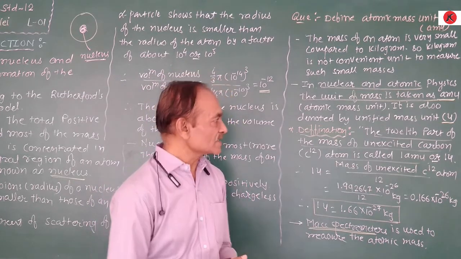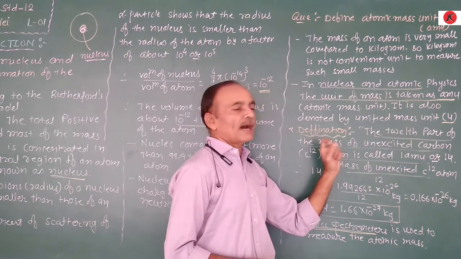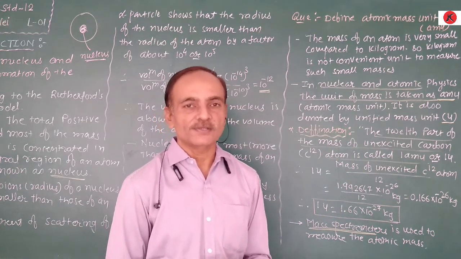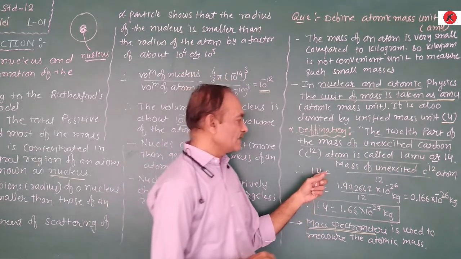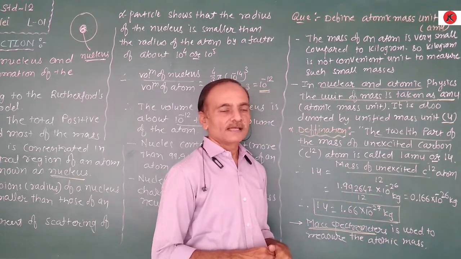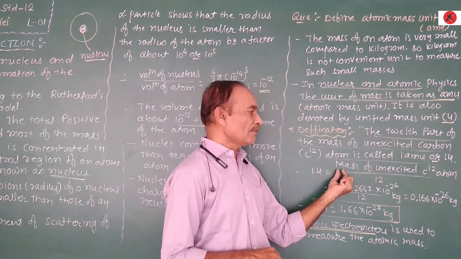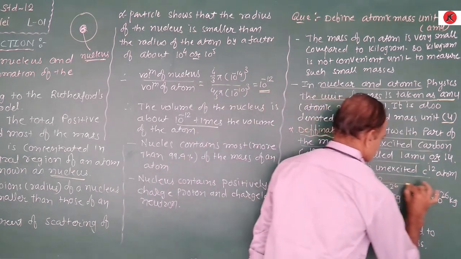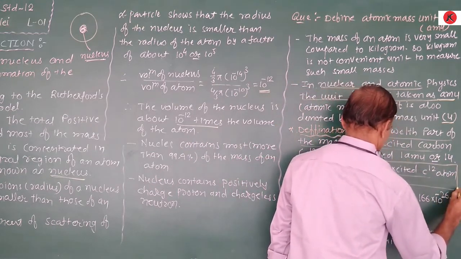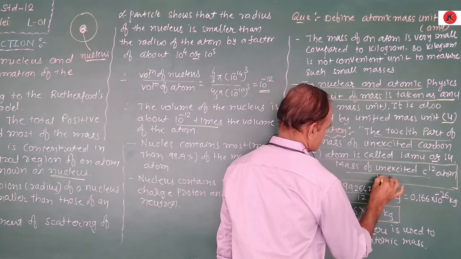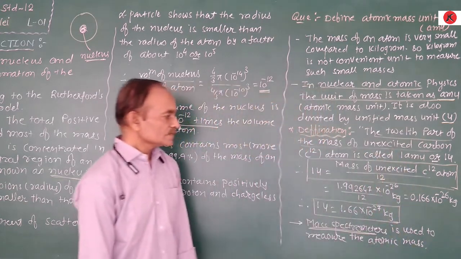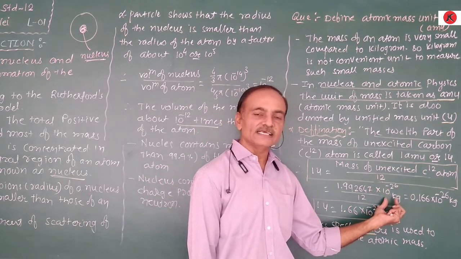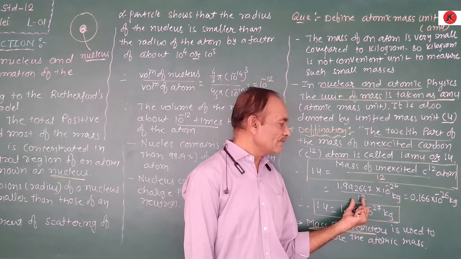Again, we define the atomic mass unit. The 12th part of the mass of an unexcited carbon atom is known as one atomic mass unit, or 1 u. How do we obtain the relation between atomic mass unit and kg? One atomic mass unit is equal to the mass of an unexcited carbon atom divided by 12, which is 1.992647 into 10 raised to minus 26 kg divided by 12.